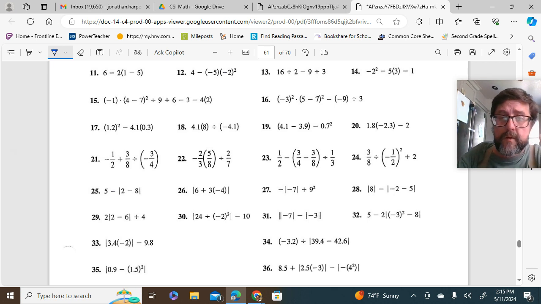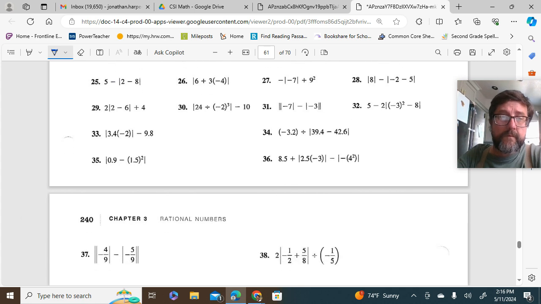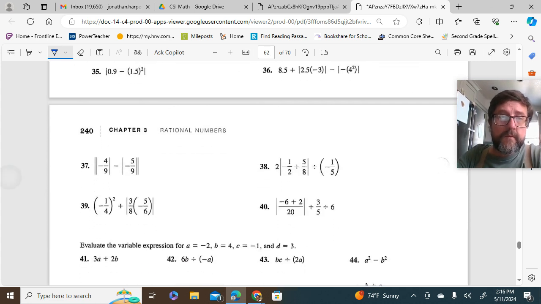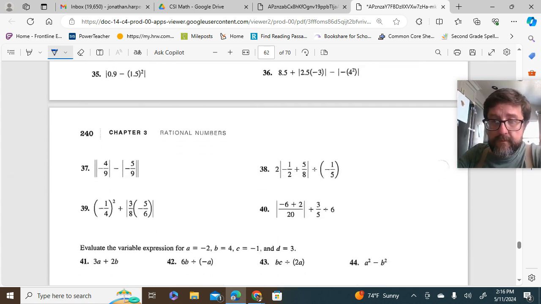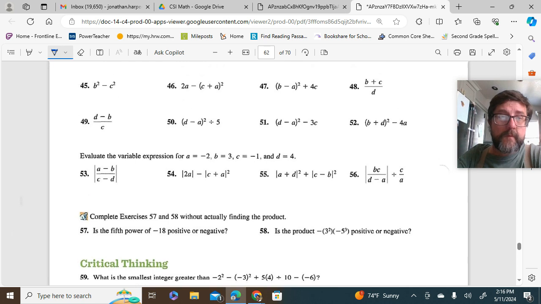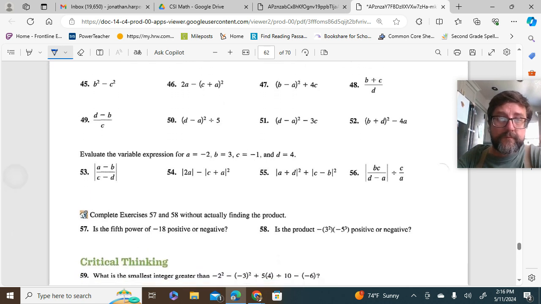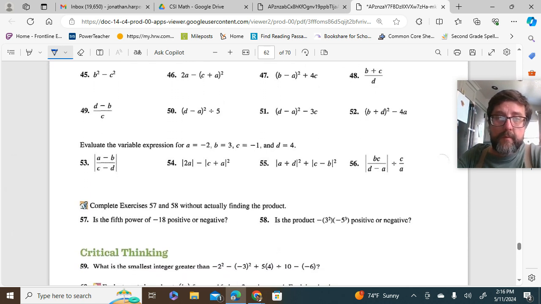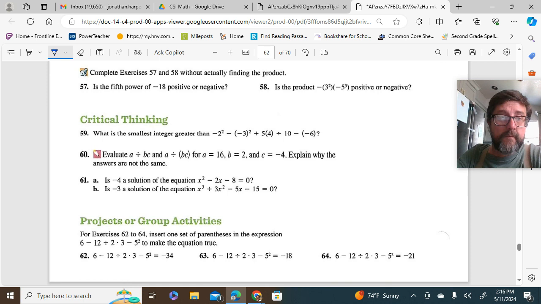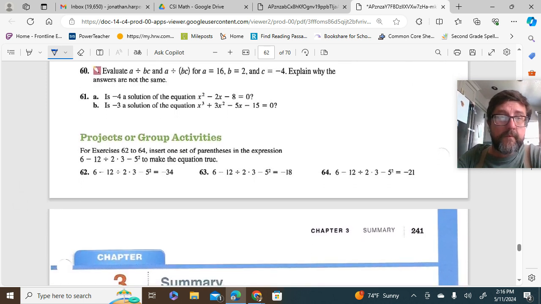Pause it and perform all of the operations.